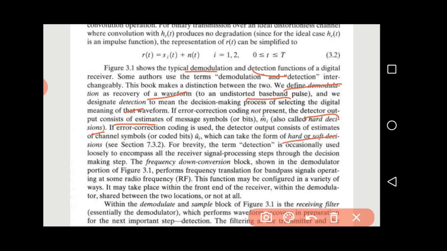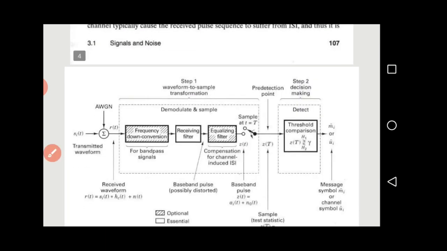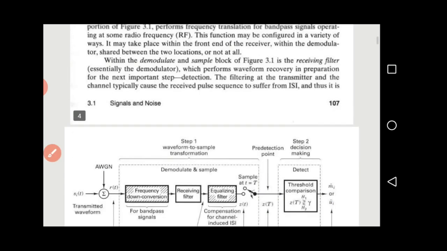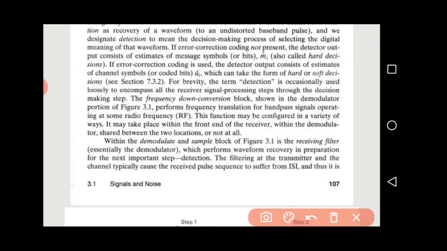For brevity, the term detection is occasionally used loosely to encompass all the receiver signal processing steps through the decision-making step. The frequency down conversion block in this figure performs frequency translation for bandpass signals operating at some radio frequency, RF.